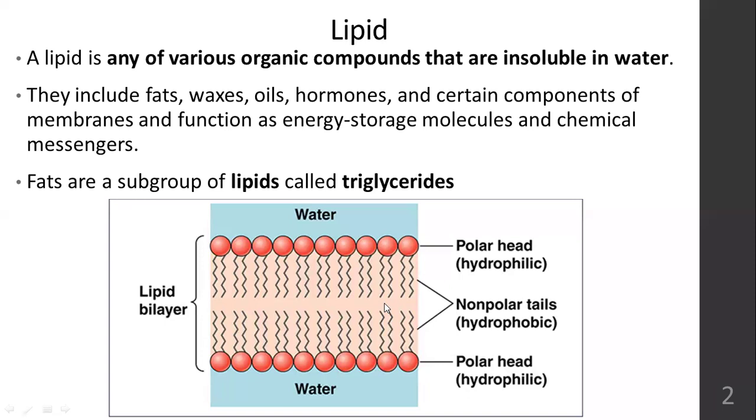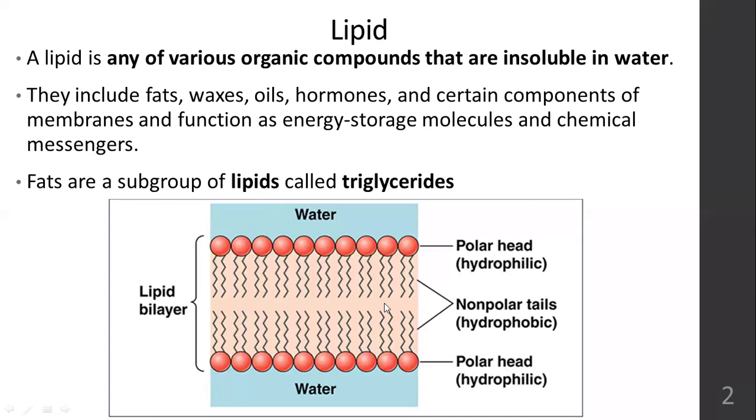So to maintain that equilibrium in the cellular structure, cell membranes have this bilipid layer, which has both hydrophilic and hydrophobic components, and that controls how much water enters the cell and how much water should leave the cell. That is one of the main functions of lipids in our body as well.